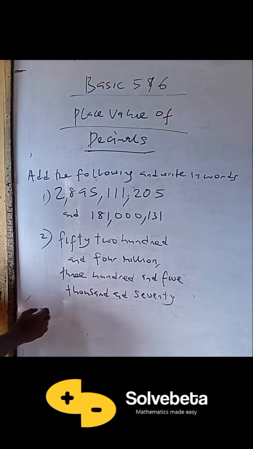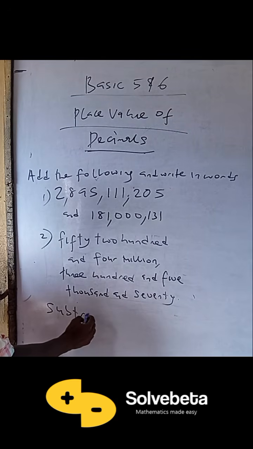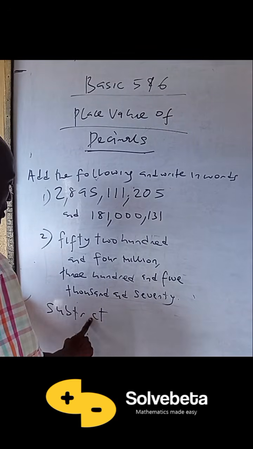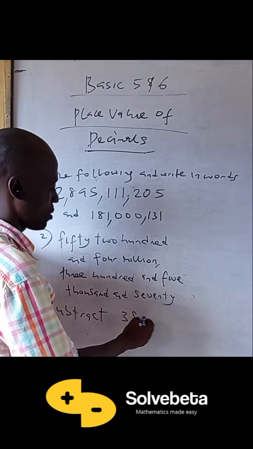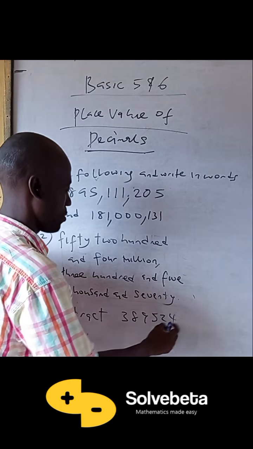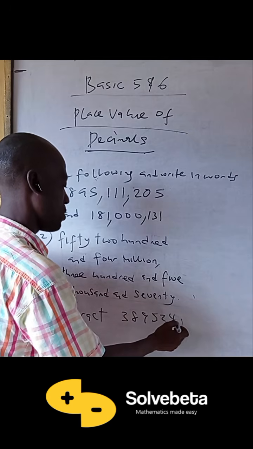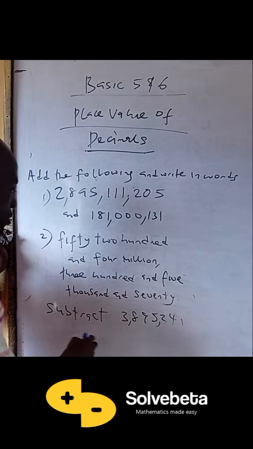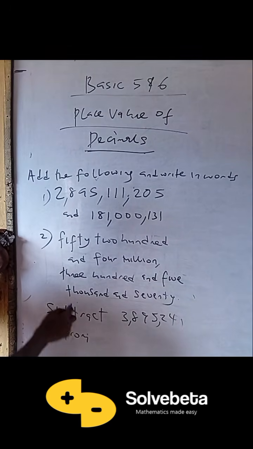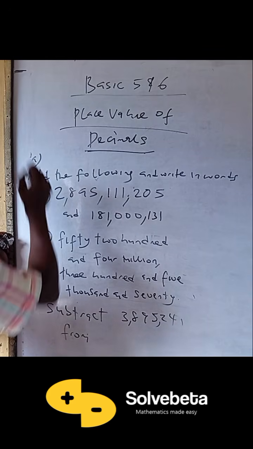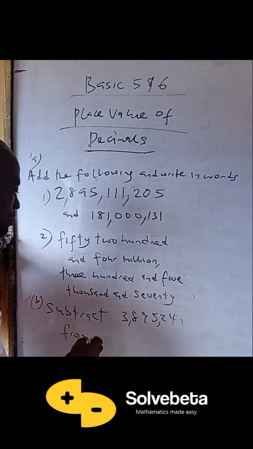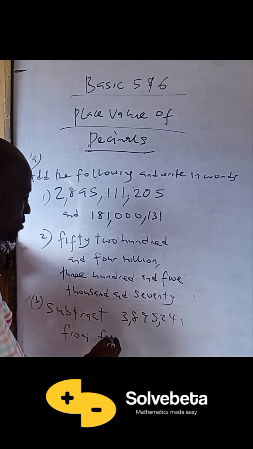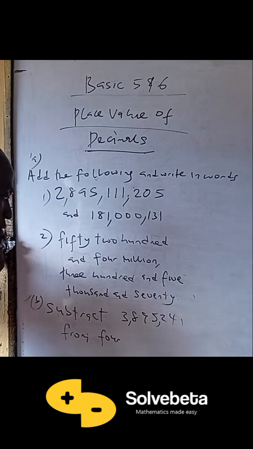Then subtract this, just one is subtraction. Subtract this from 4 million.